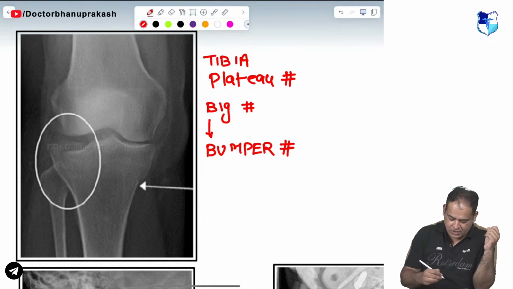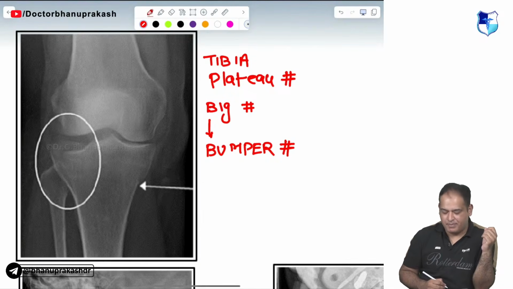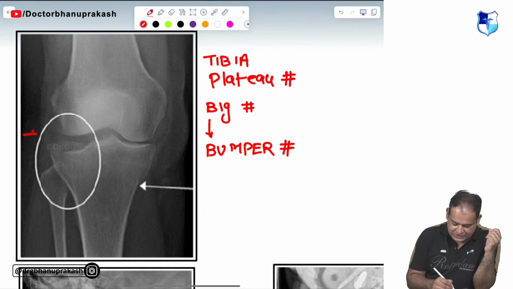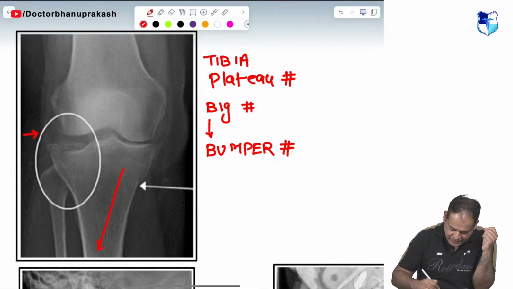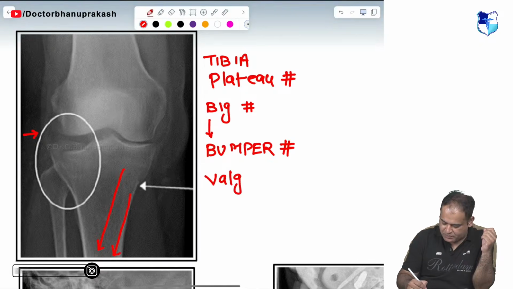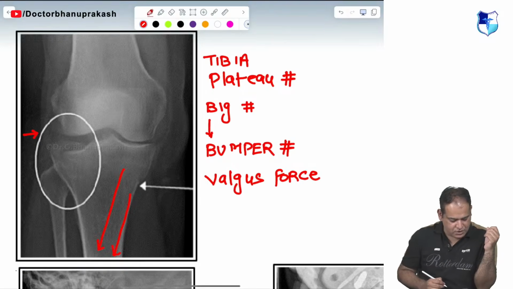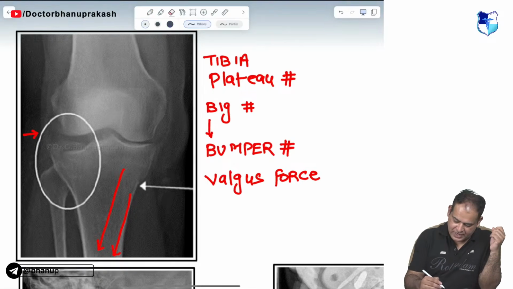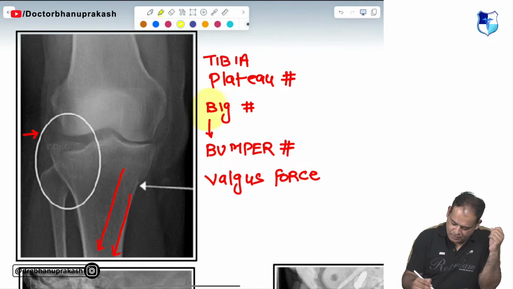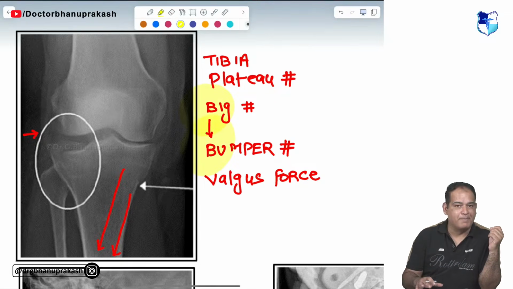What happens is, some car hits your patient's knee from behind and the tibia goes outward. So this is caused by valgus force, right? So see, B, big, B, bumper.